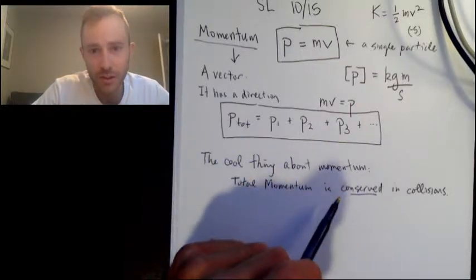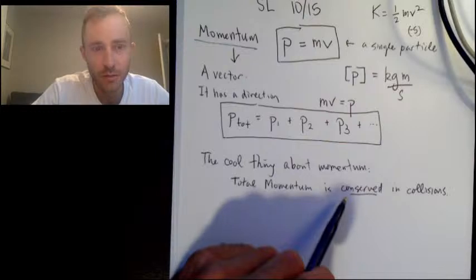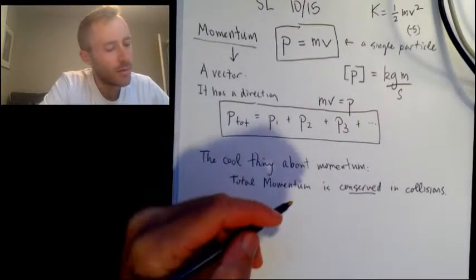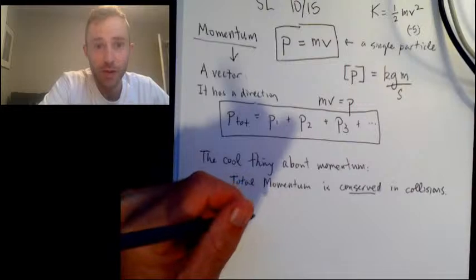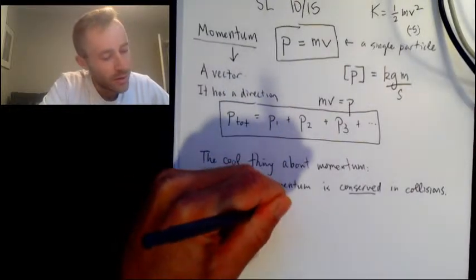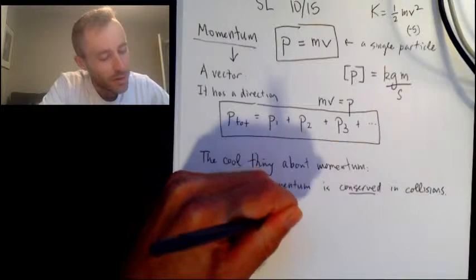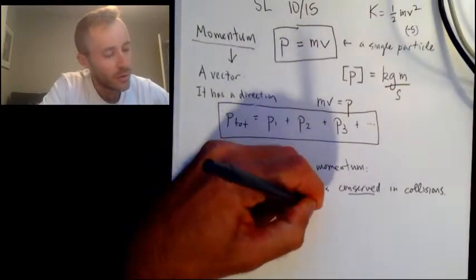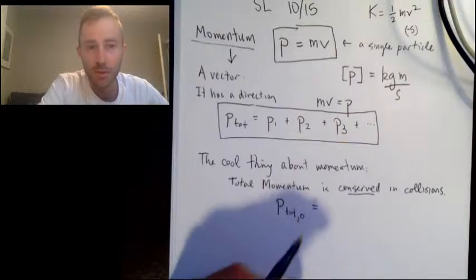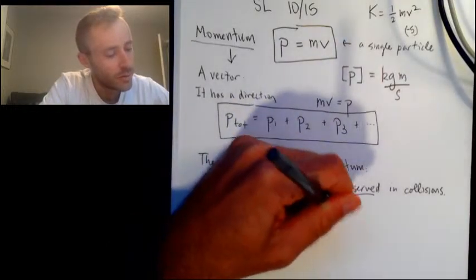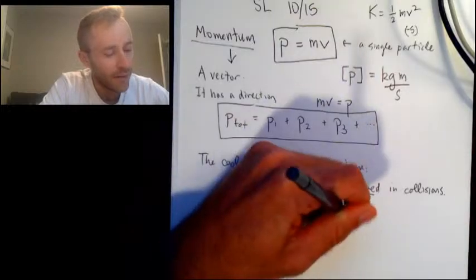Same thing with energy. The term conservation in physics has a very specific meaning. It means that the total value is not changing as time goes on. So that total momentum initially is going to be equal. So this is the total momentum before the collision is going to be equal to the total momentum after the collision.